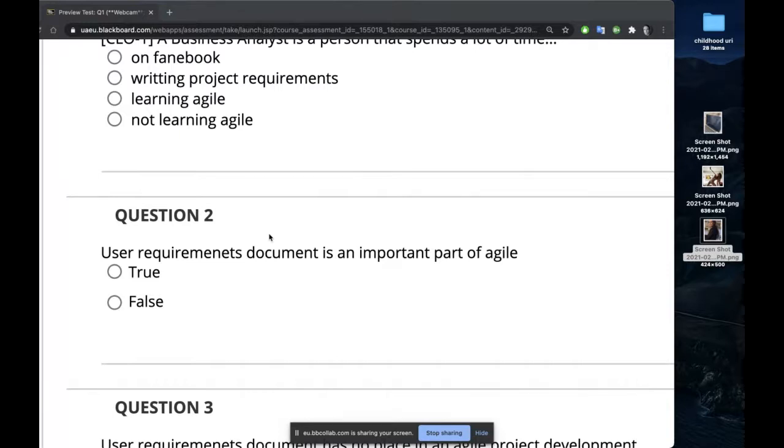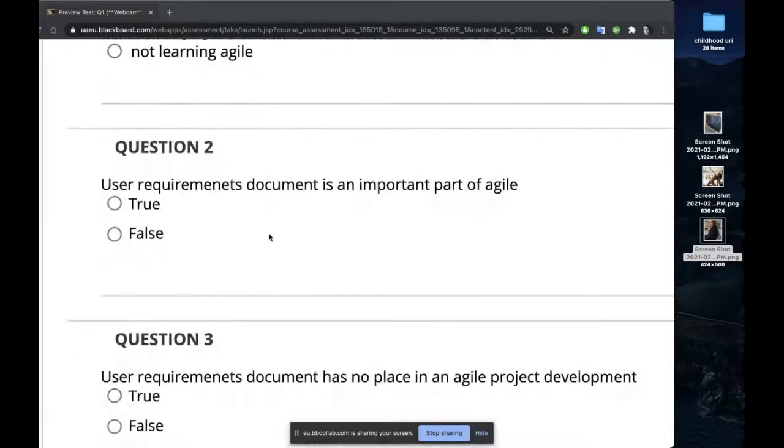It is a very confusing question, and actually it's on purpose. Very good, Taib. I think the correct point of view here is that user requirements are important in any software project, whether it uses Agile or not. User requirements are not a core thing of Agile, but that doesn't mean that just because you're using Agile, you will not consider user requirements.